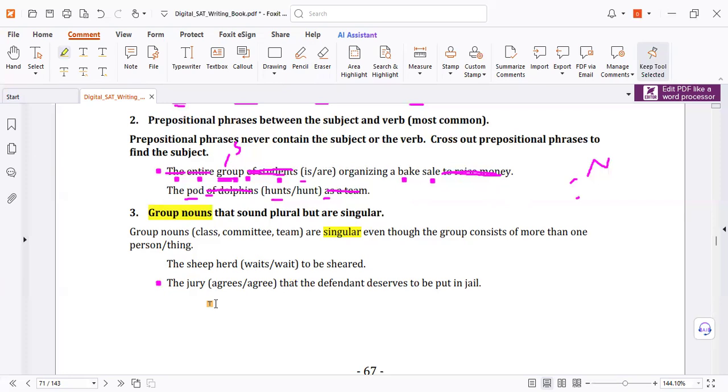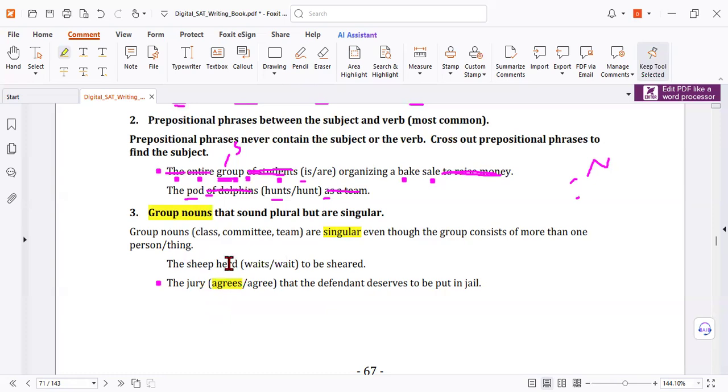So are we talking about the members or the whole jury? All of them decide one decision. If you mean some members of them, that means they are in disagreement to put him in jail or not. So the whole, singular. So singular, so need agrees.